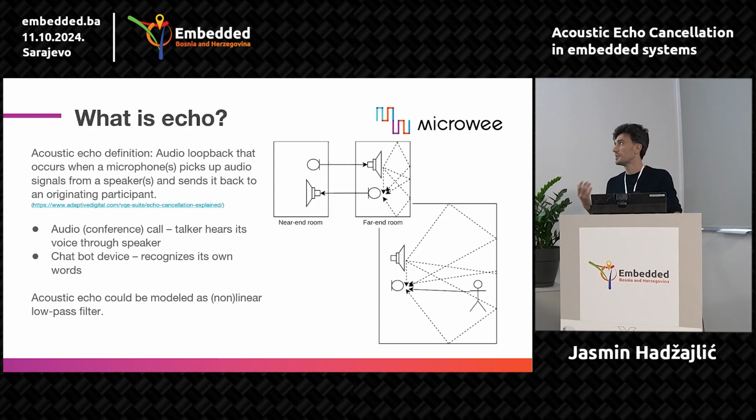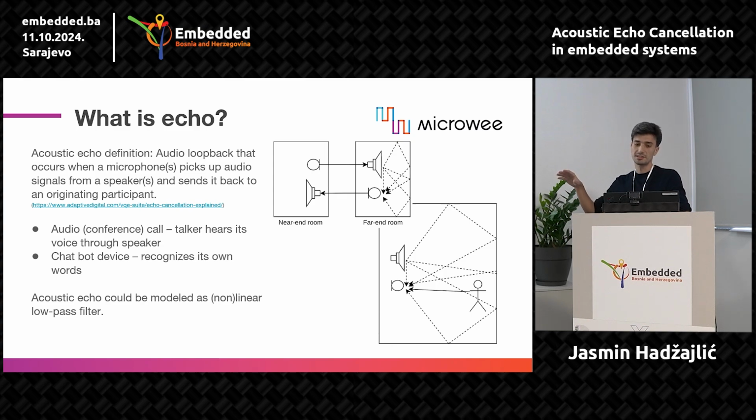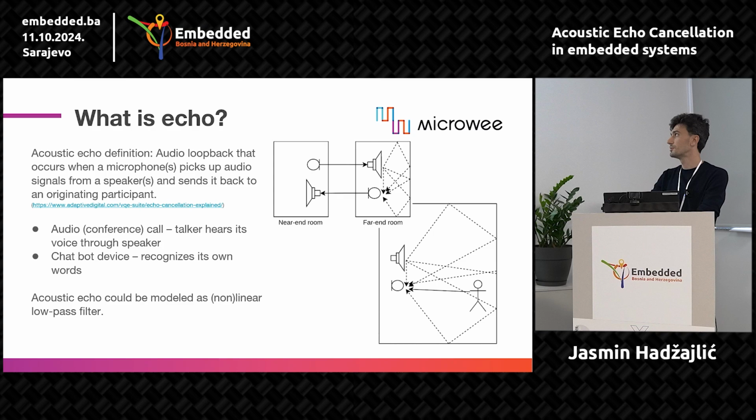When we speak to that person, some of that sound from the far-end room gets rebounded off the room and also passes directly to the microphone and gets back to us, and then we hear our own voice on our end. That's echo, and that's something we want to cancel because it's not nice to have.